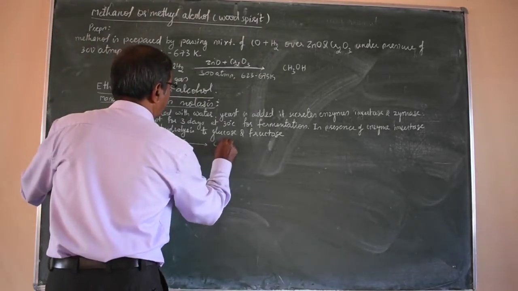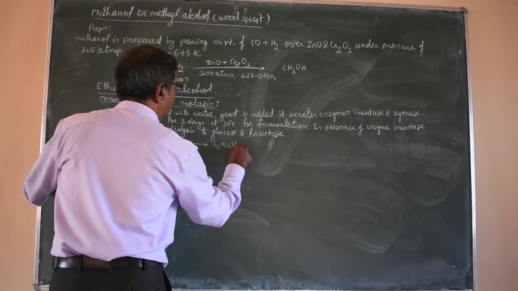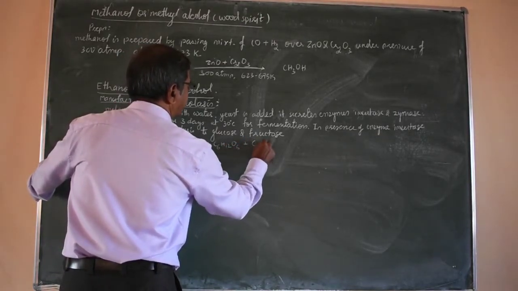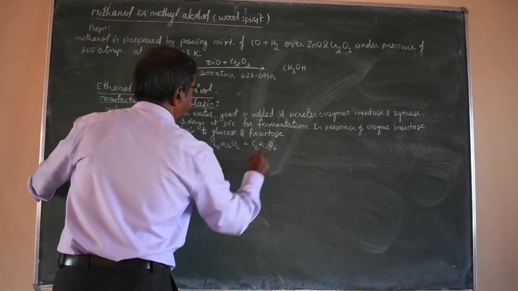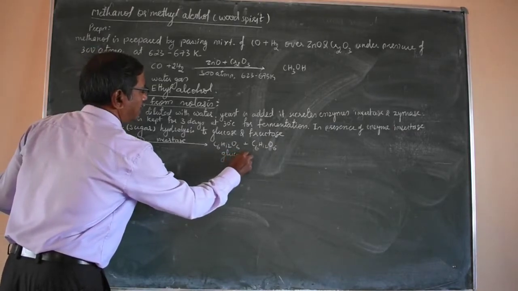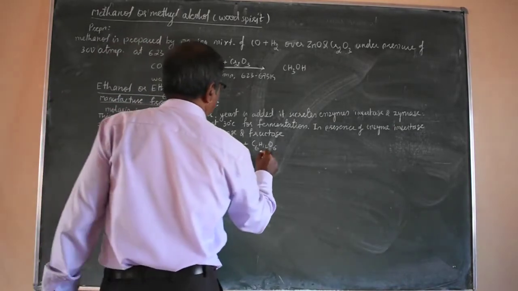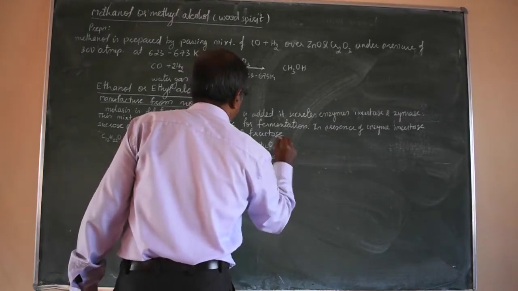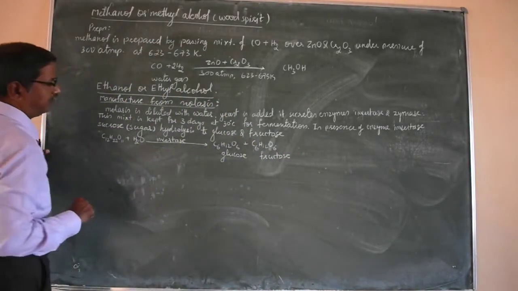Both have formula C6H12O6, but functional groups are different. So it is glucose and one more is fructose.